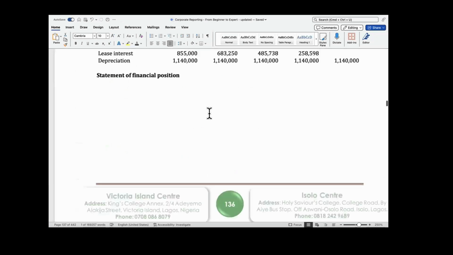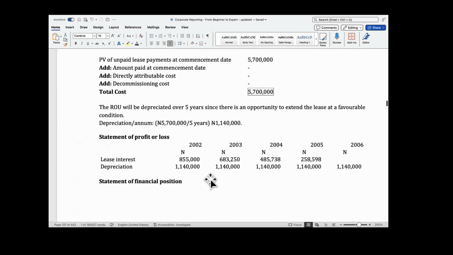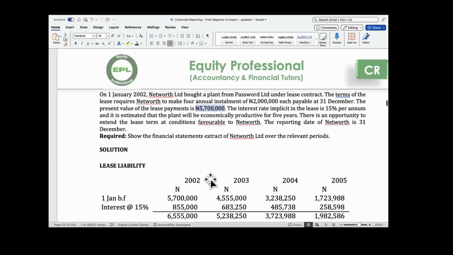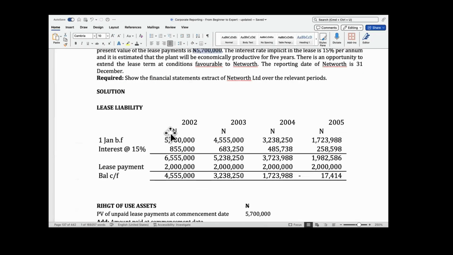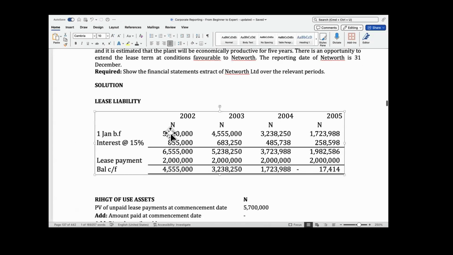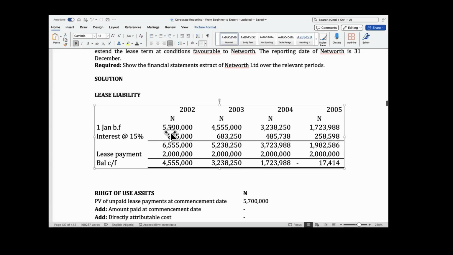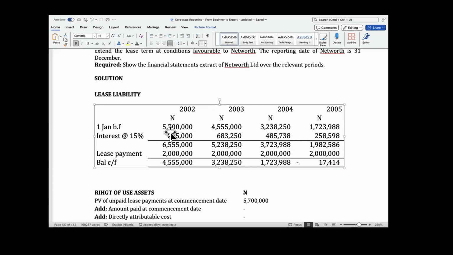So they gave us here, at the commencement, which I have here as balance brought forward in 2002, 5.7 million. At the end of the year, we are going to increase this 5.7 million with interest. The discount rate given to us here is 15%, so we simply do 15% of 5.7 million. That comes to 855,000.